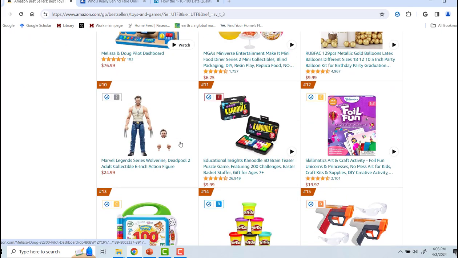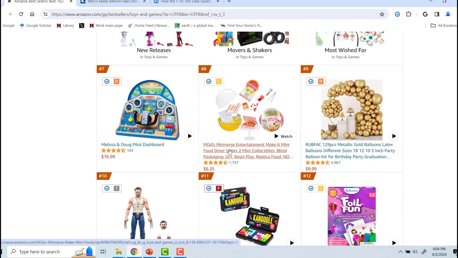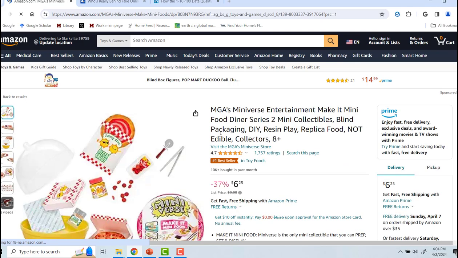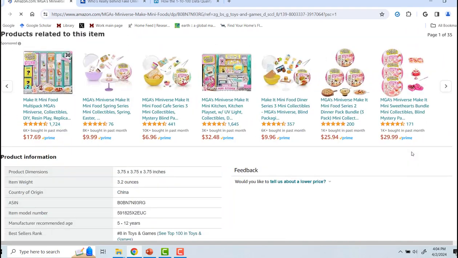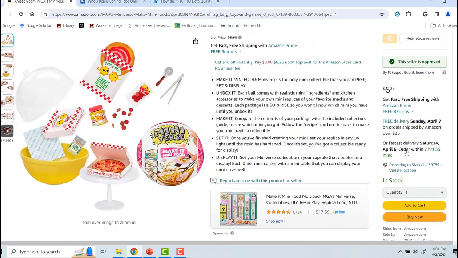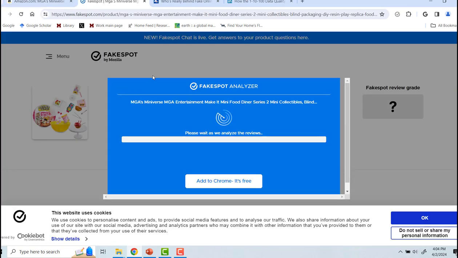Let's look for something else. Kids' toys. What we got? No idea what's happening here. MGM's Miniverse Entertainment. Let's just see what the FakeSpot is. So the FakeSpot is C, and we could actually reanalyze the reviews for this.